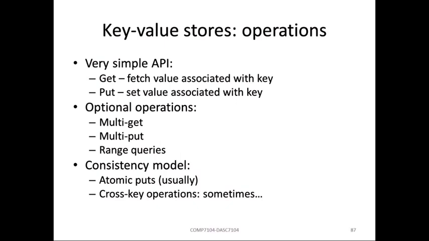A very simple API, so the possibility to fetch values associated to a key and to put values associated to keys. Sometimes we may have more complex operations, multi-get, multi-put, or range queries. Oftentimes the consistency model is atomic put operations. So this will be done basically all or nothing, but besides that, not much.